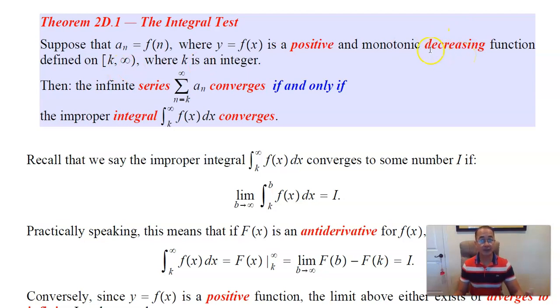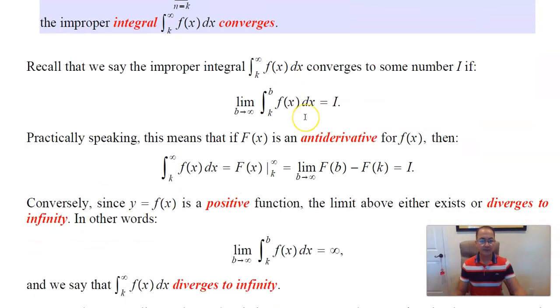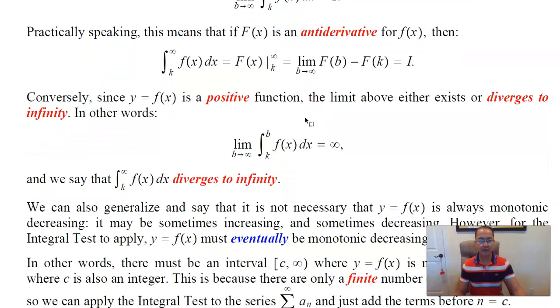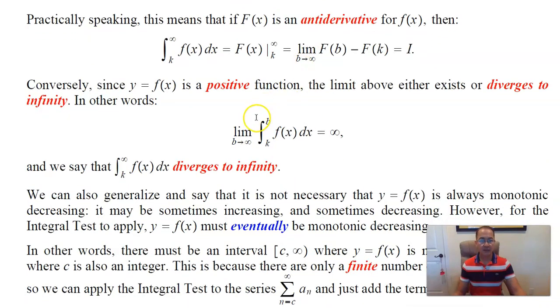So let's make sure that we see that condition. The function f of x must be decreasing. Our function was 1 over x to the 7/5. Of course, that is a decreasing function. Okay, so now, because it is a positive function, there are two choices, okay?